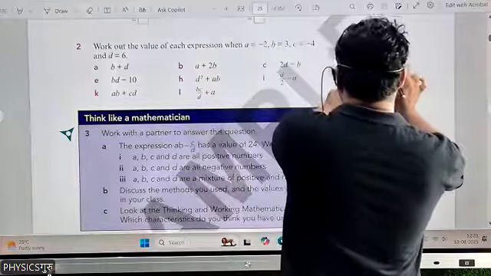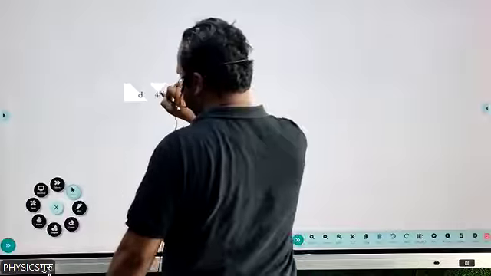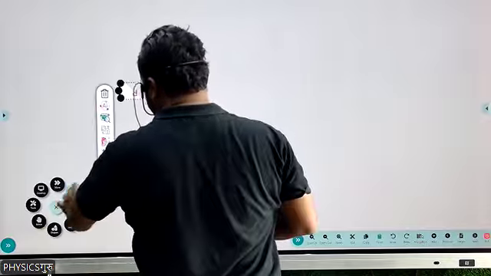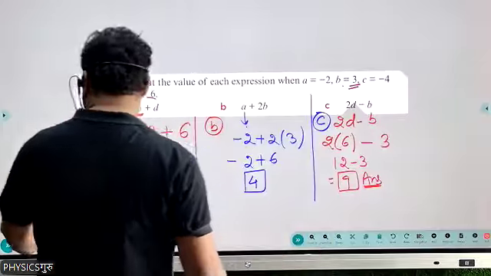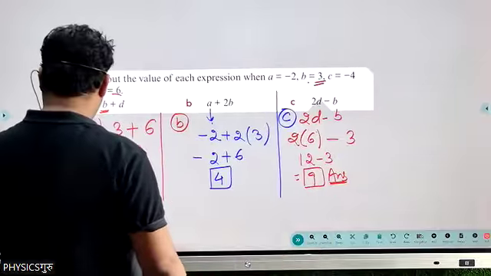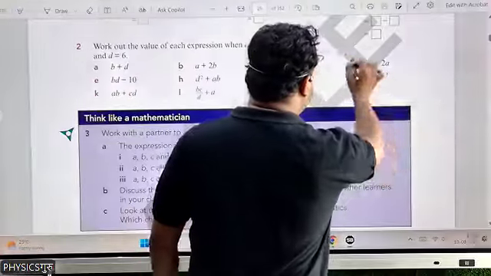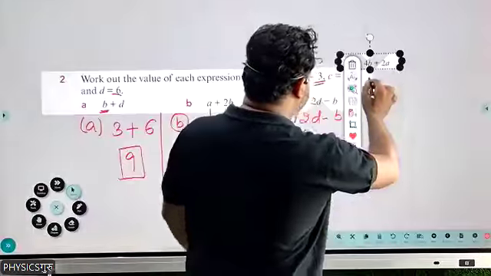This is question number D. It is 4B plus 2A.